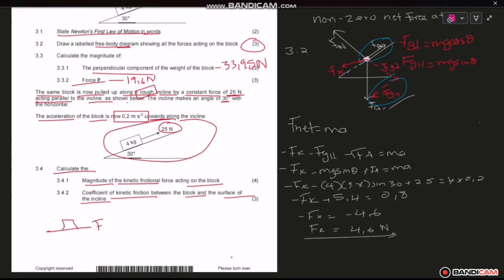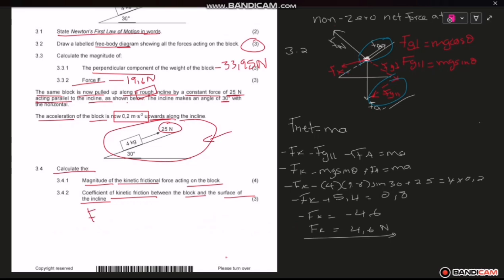If you are given this type of scenario, this is the formula that you must use. But if you are given this type, you use this formula to calculate Fn, which is Fn equals mg minus Fa sine theta. But now, since we are given an incline, this is the formula that we're going to use.